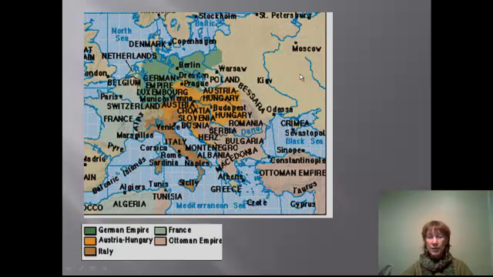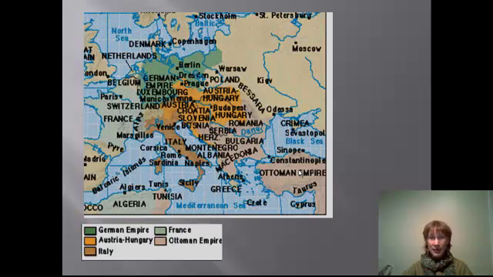In 1914 it was still the Russian Empire, and Nicholas II was the Tsar of Russia. And this is the Ottoman Empire. The Ottoman Empire is also called the sick man of Europe because it has been very sick for the last couple of centuries and is still very sick, dying, but the Western Europeans have not let the Ottoman Empire die.